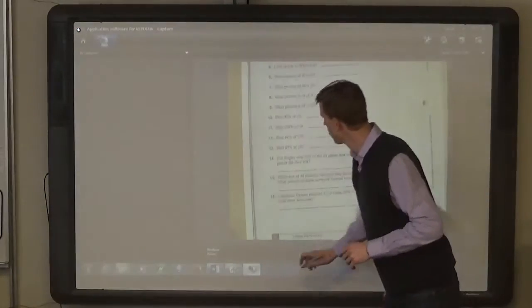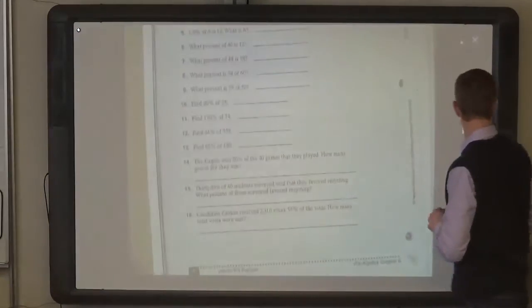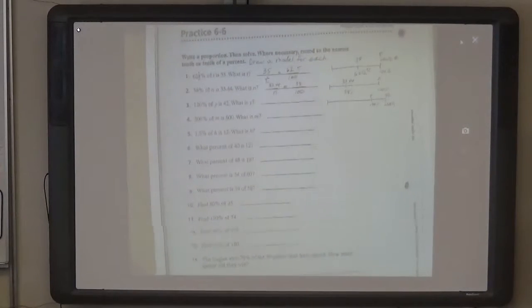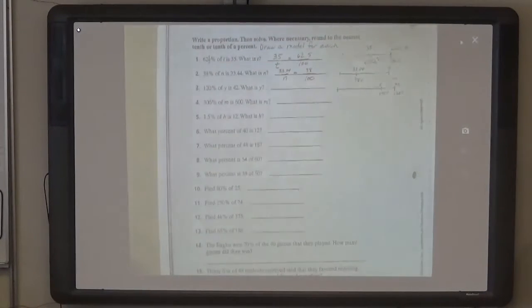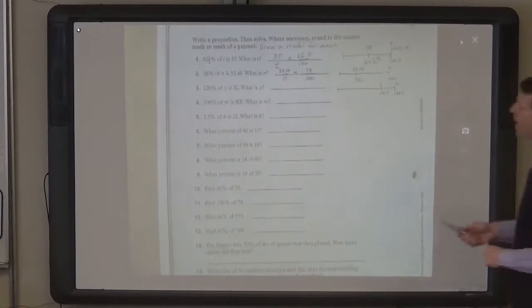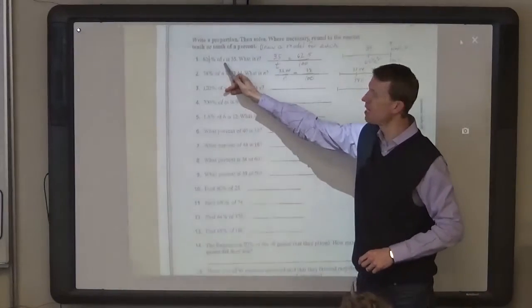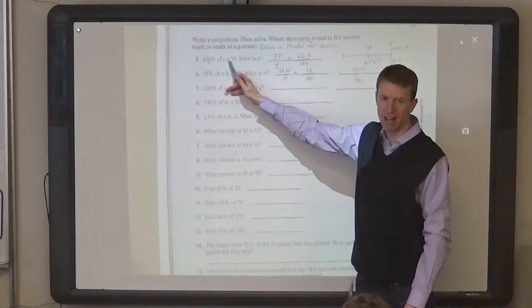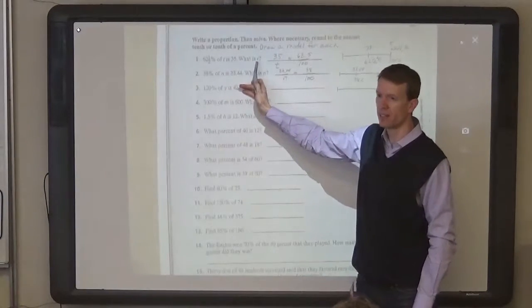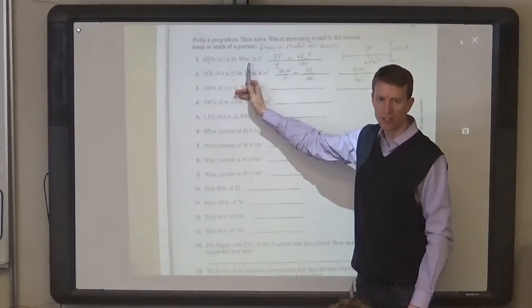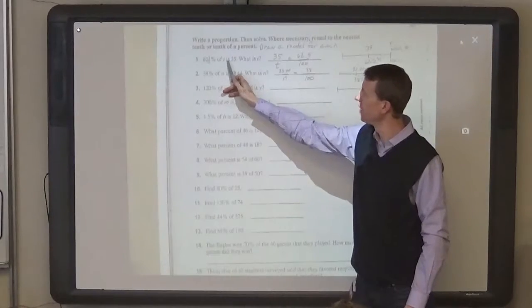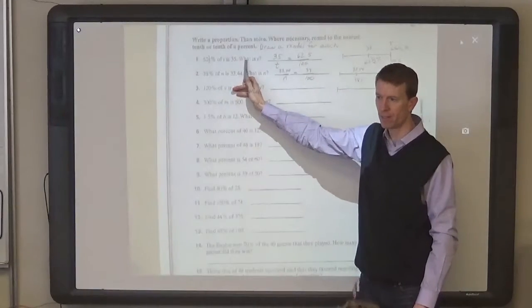Number 1 on your worksheet. You'll be working with problems like this. 62.5% of t is 35.